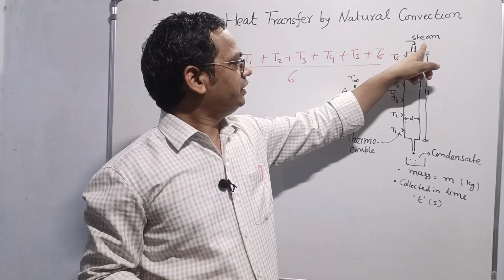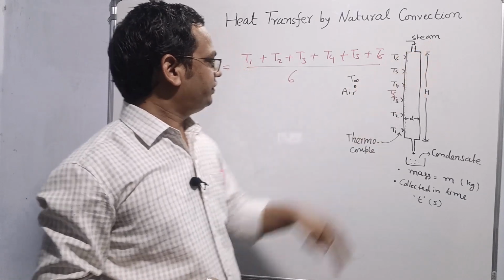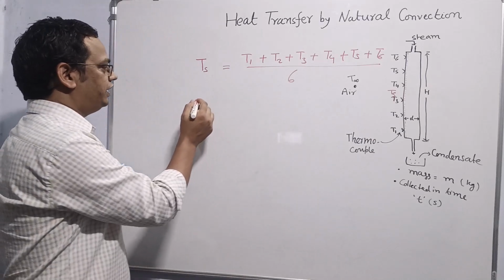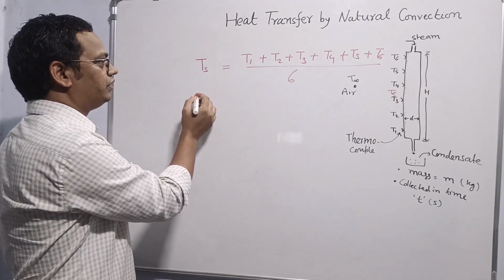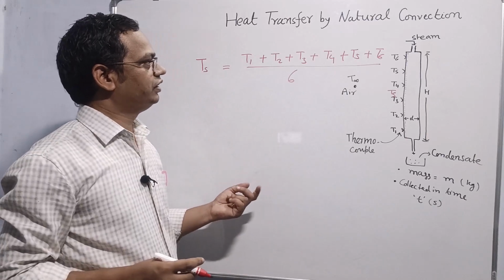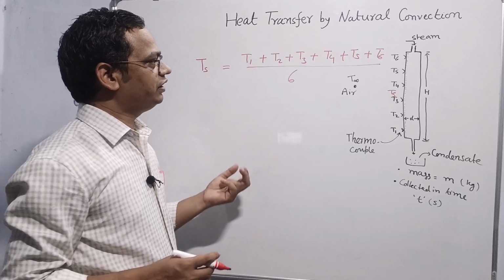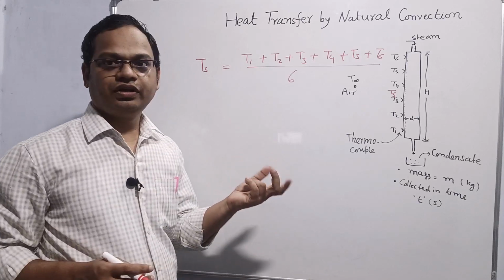Now we'll find the heat lost by the steam, latent heat, in the condensation process. So that will be the latent heat of the steam, or we can say latent heat of vaporization of water. Both are same. Either we can say latent heat of steam or latent heat of vaporization of water.